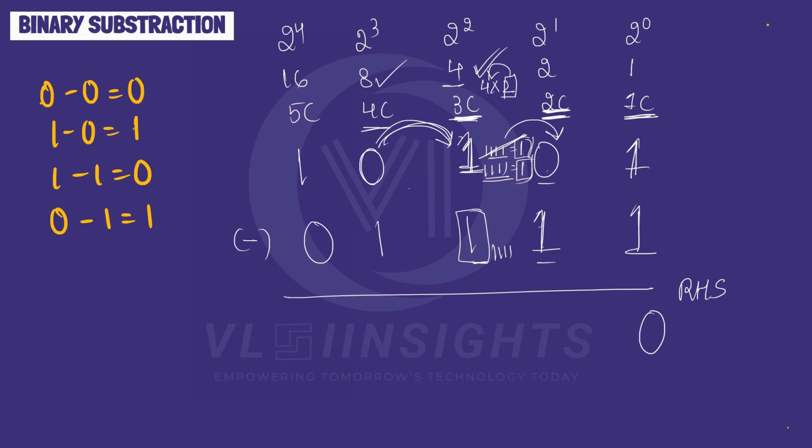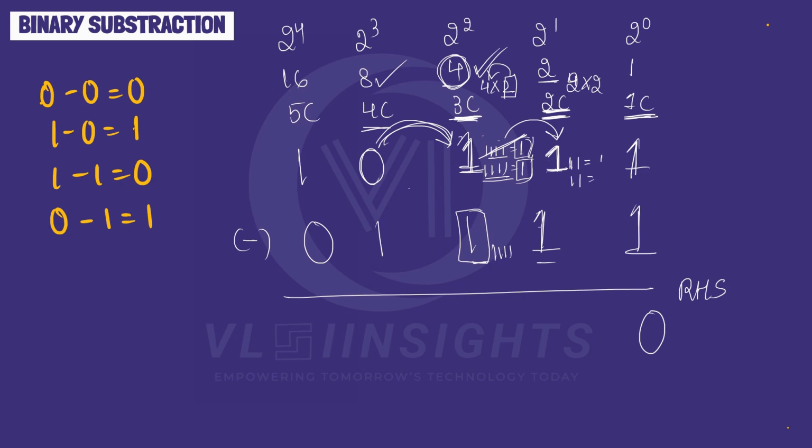Okay, and now in the second column, let me write it as 1, but this one is actually borrowed from the third column, and in the third column the weightage of each number is 4. So let me write down that 4 in terms of 2, nothing but 2 into 2. Okay, so what does it mean?